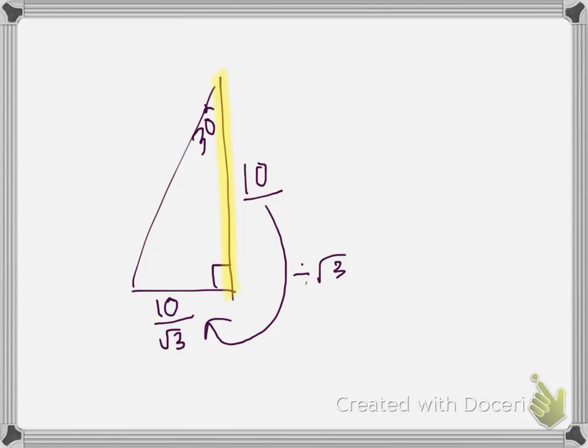And then the hypotenuse is still twice as big, so twice 10 over the square root of 3 is 20 over the square root of 3. So you divide by the square root of 3 when you're going from the long leg to the short leg. Take note of that. That's important. We'll do it with the 45, 45, 90 as well.